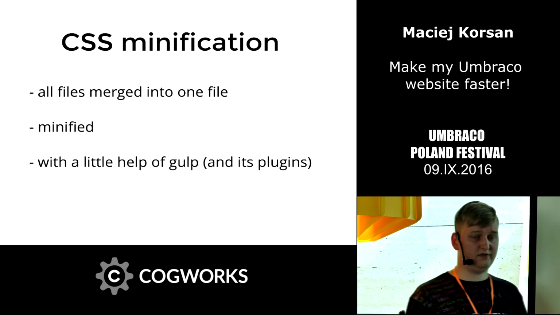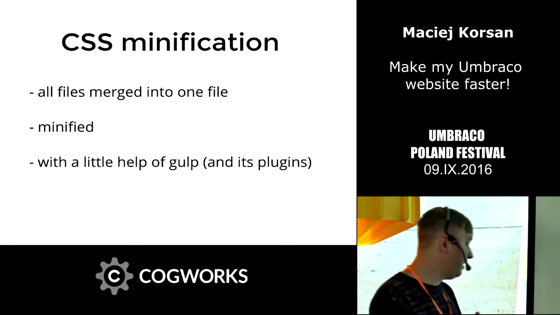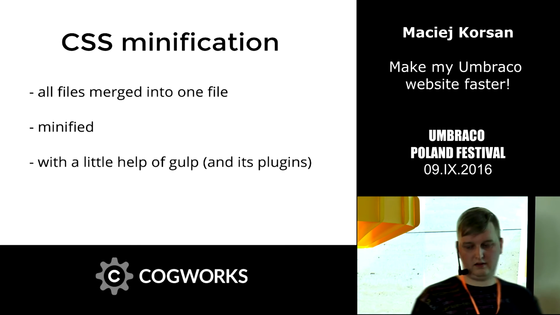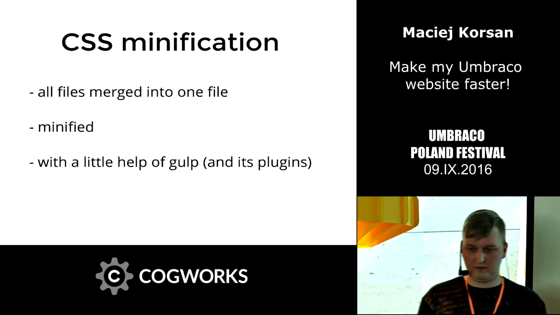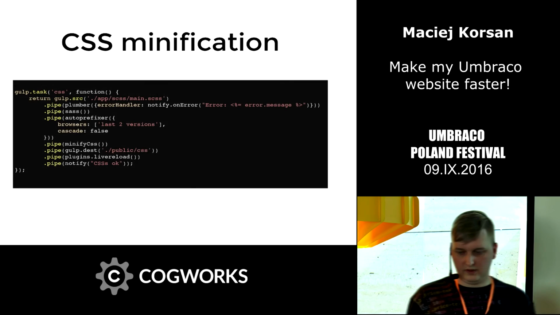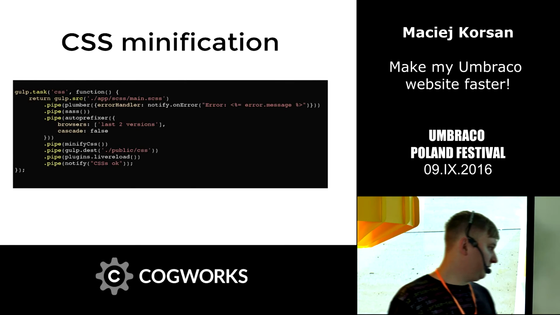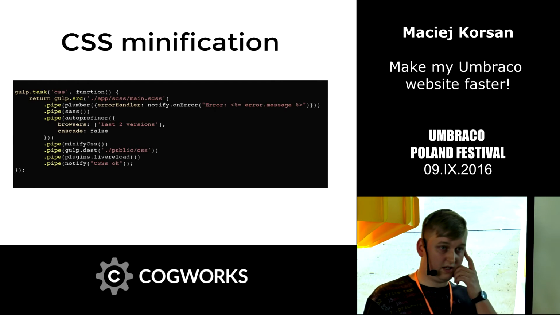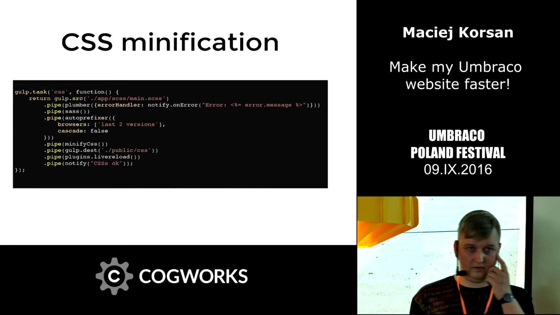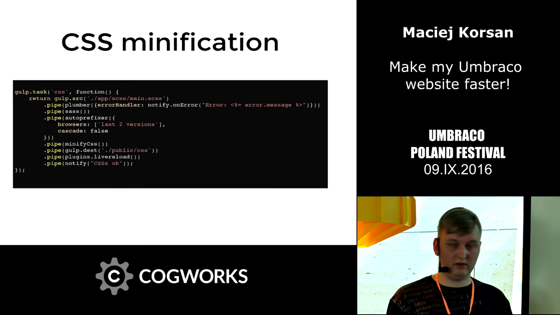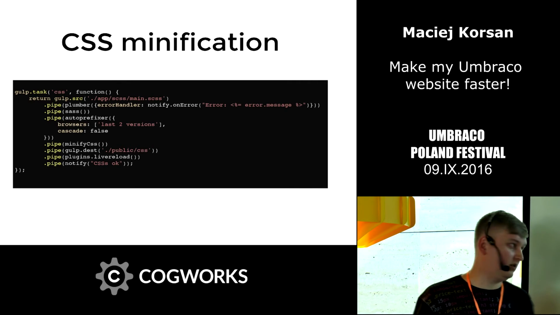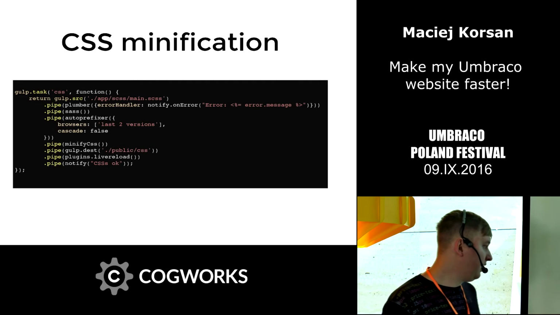So I get all these files connected into one file, and they're being merged and minified, and it's all done with Gulp. I'm wondering if you can see it. Probably not, but here's the Gulp task I'm using. I will post my Gulp file and package JSON for Node later on my GitHub, so we can view it later. Just use it for your projects.